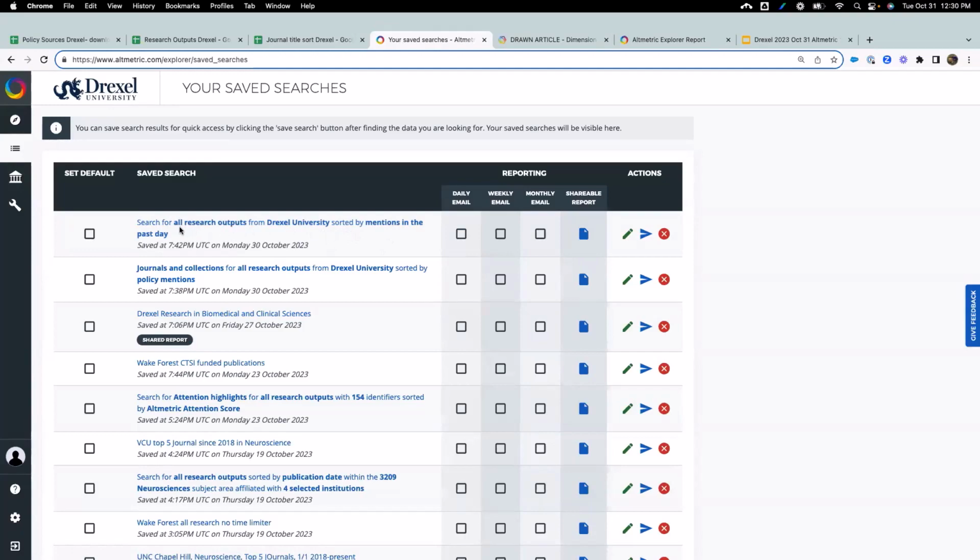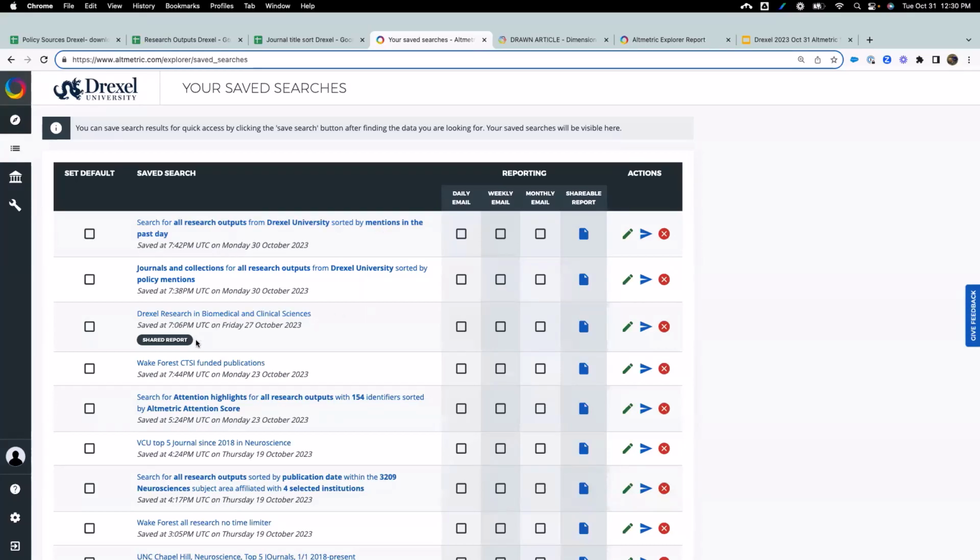So right now I had done a search with research outputs sorted by mentions in the past days. So every time I run that, and I can get myself an update on a daily, weekly, or monthly basis, it will always be dynamic, and if something new has happened, it'll show that. It's not going to be a static search.